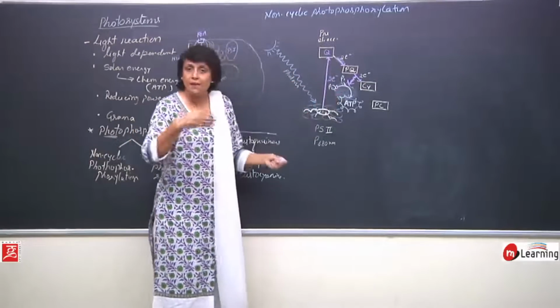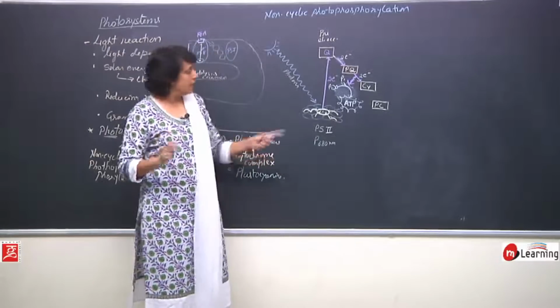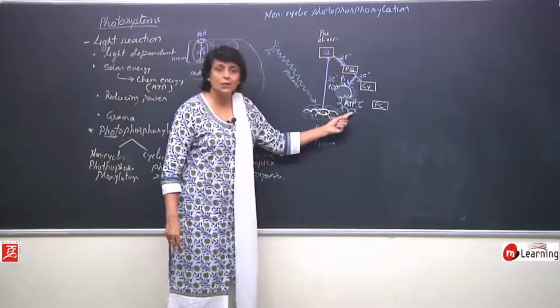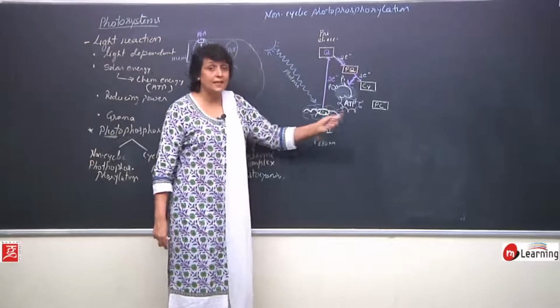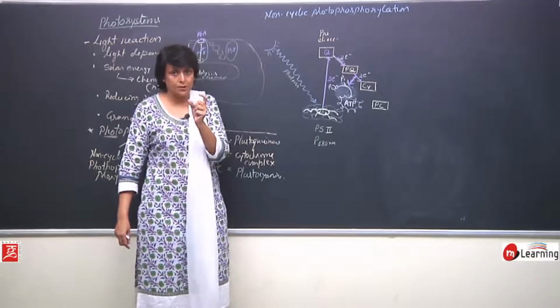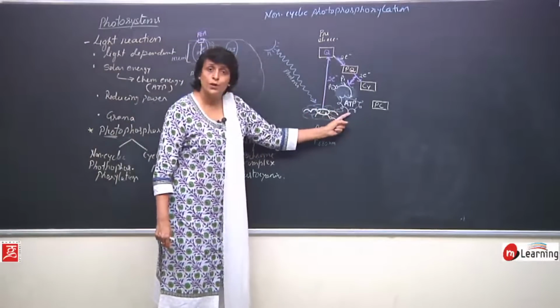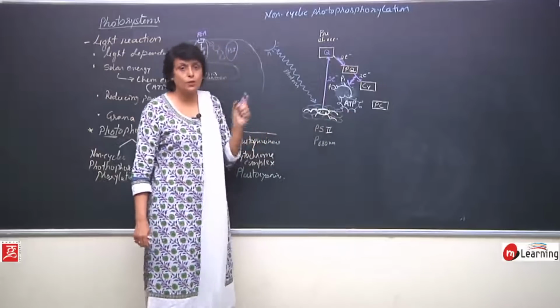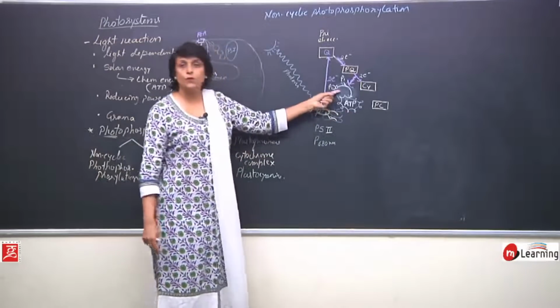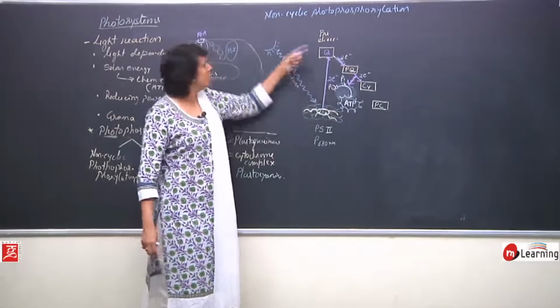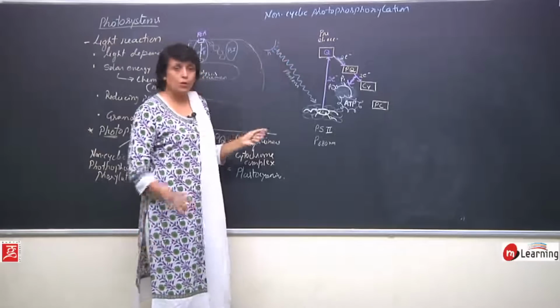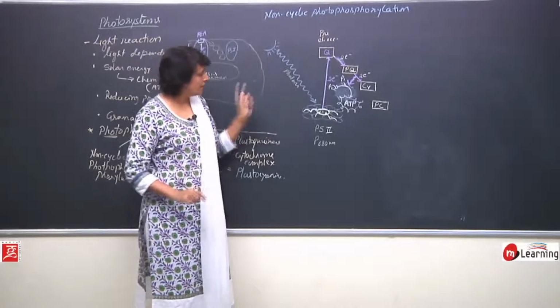At one place they give out that energy. Now that energy is used to synthesize ATP. ATP is the form of our chemical energy. So solar energy has been converted into chemical energy, light dependent, so photo, addition of phosphorus, so phosphorylation. Now we will see why non-cyclic. So photophosphorylation is clear.